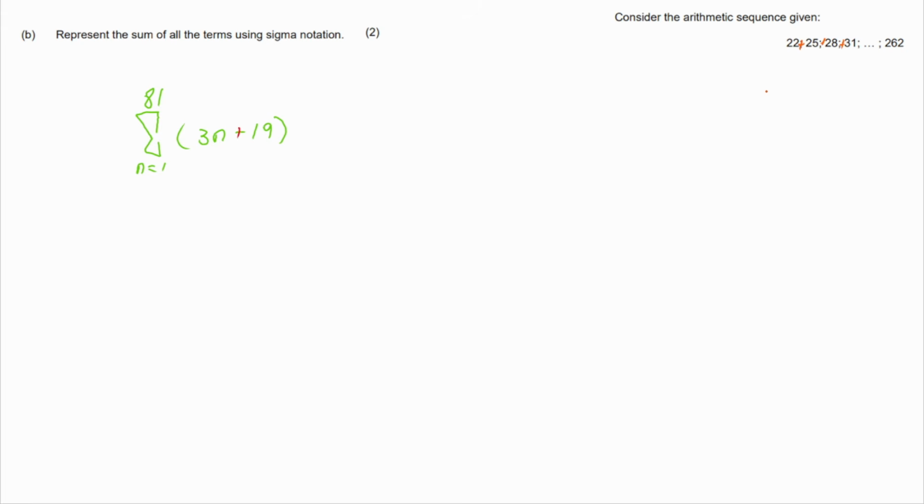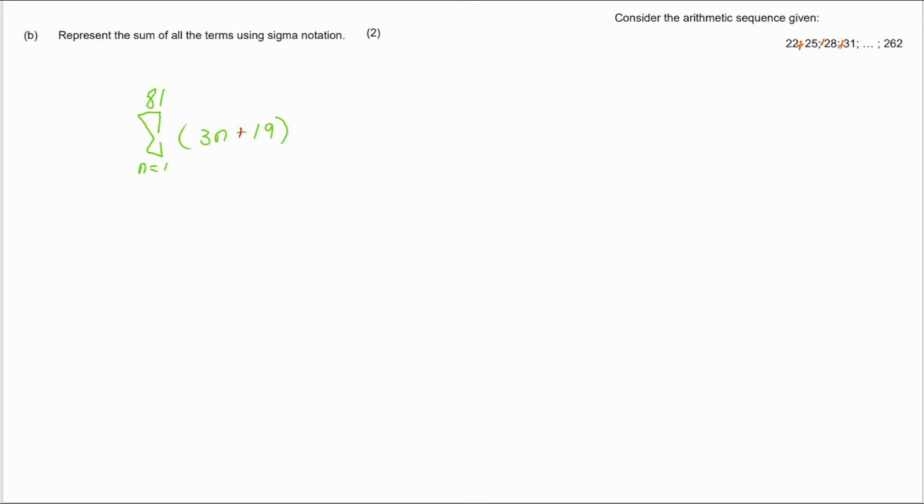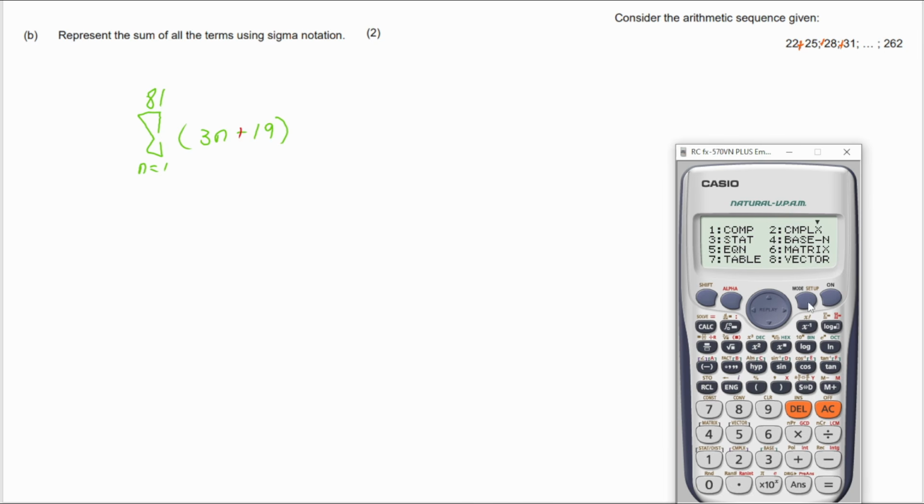Let me show you something. I don't think all calculators have this feature, this sigma mode over here. What I'm about to do in the calculator, if I do 3x plus 19, I'm using x here because the calculator requires it as x. Here we're using n. But anyways, there we put 1 and there we put 81.